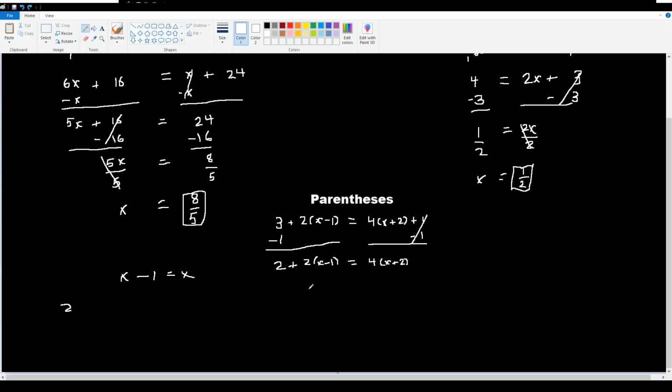So let's erase that. And now we're going to do what we said and divide everything by 2. Okay? And when we do that, this becomes a 1, because 2 divided by 2 is 1. This would become x minus 1, because 2 divided by 2 is 1, and 1 times x minus 1 is x minus 1.